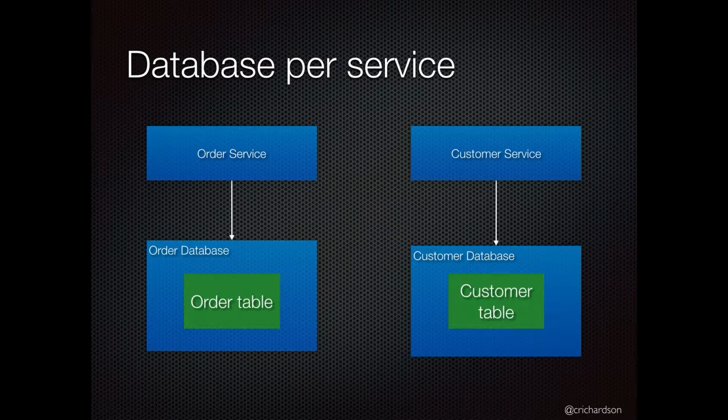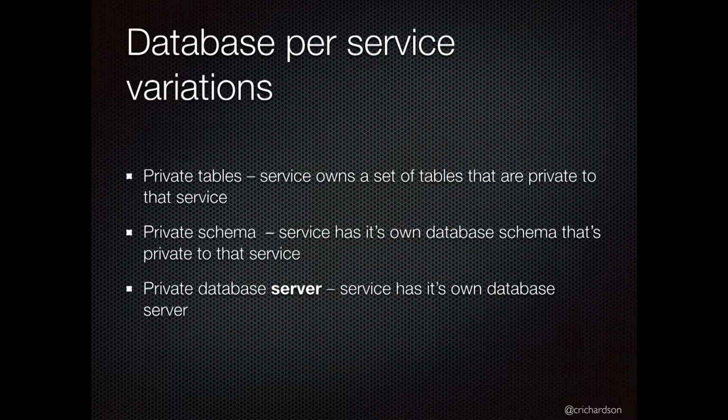The order service has its order database that contains the order table. The customer service has a customer database that contains the customer table. If the order service needs to access data about the customer, it actually has to talk to the customer service, and vice versa. There are several different ways of achieving this.